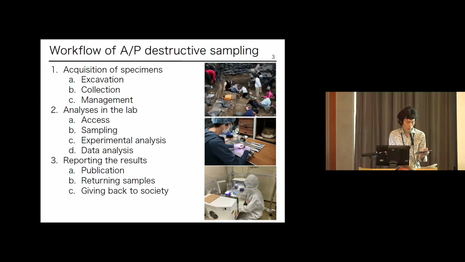The subsamples obtained are then analyzed in specialized laboratories to generate data. These results are typically published in scientific papers. After the project is completed, any remaining samples are returned to the curating institution. Finally, the results are contextualized and disseminated to the broader public.